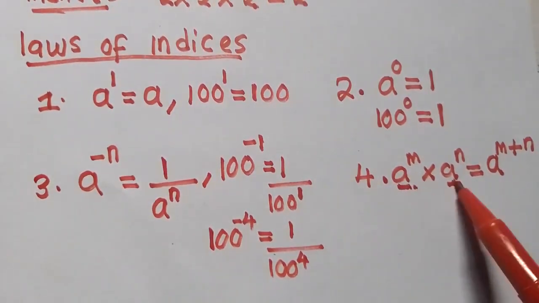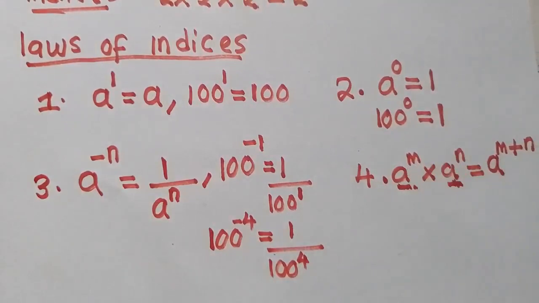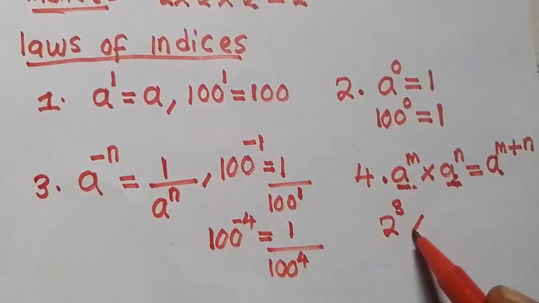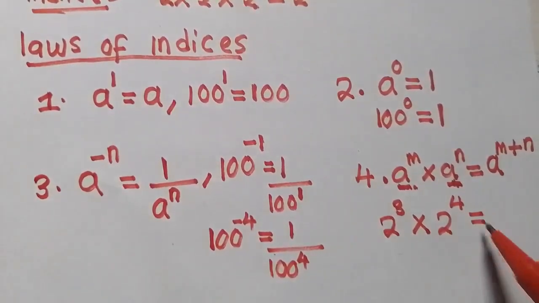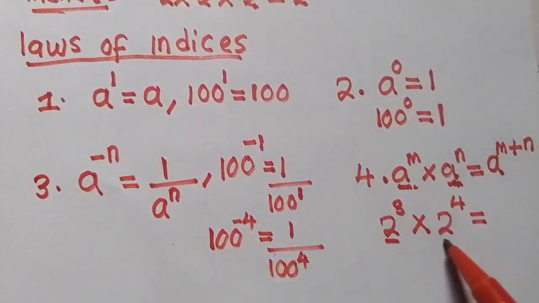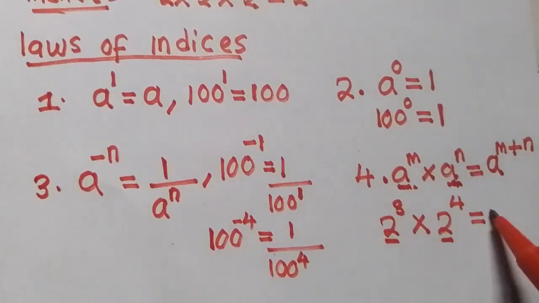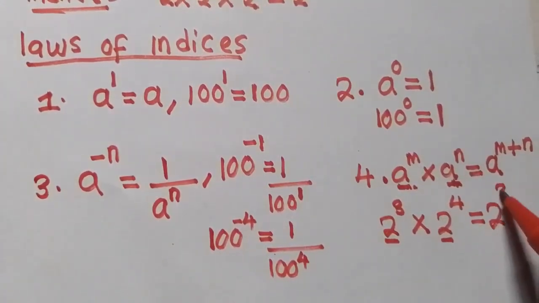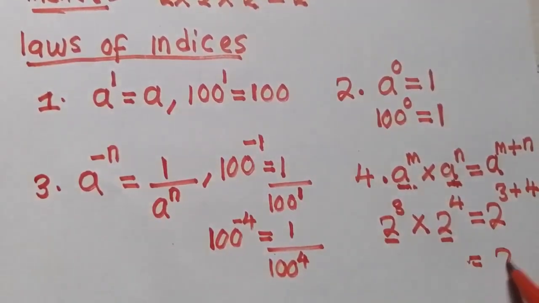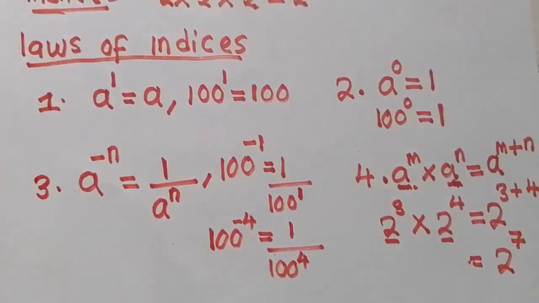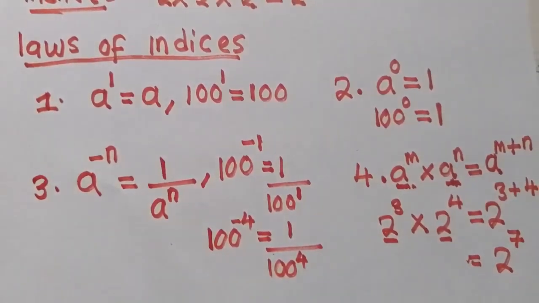Whenever you have the same base, you just need to add the powers. So if you've got 2 to the power 3 times 2 to the power 4, same bases, you add the powers. So this is 2 to the power 3 plus 4. Then you are going to have your answer as 2 to the power 7. This is what you need to understand.